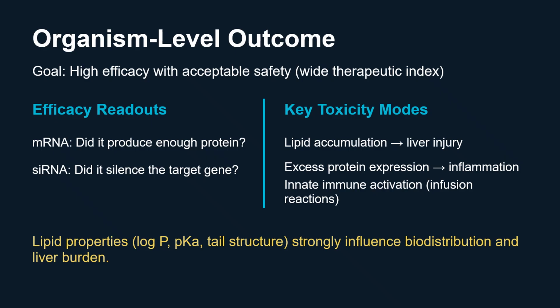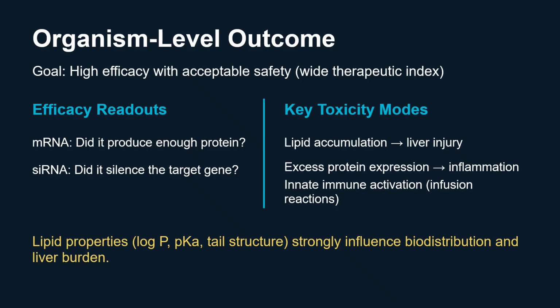On the safety side, accumulation of lipid components can drive liver burden and hepatotoxicity. Very high levels of protein expression can contribute to inflammatory responses, and both the RNA payload and other components can activate innate immune pathways.